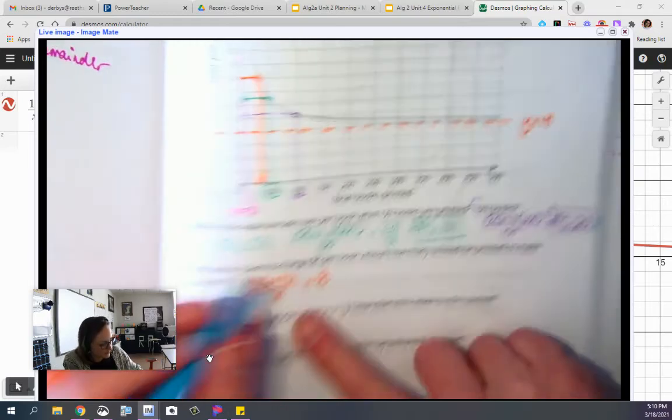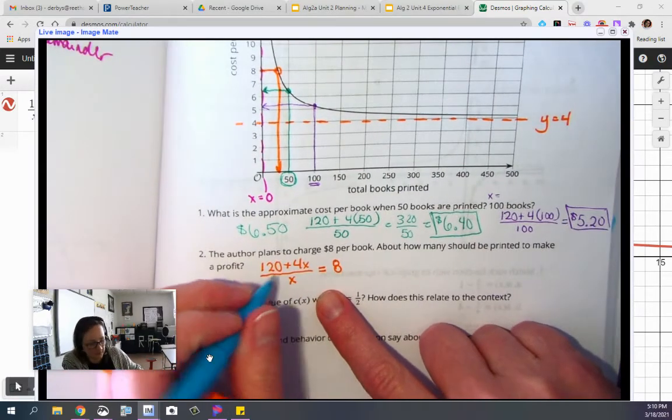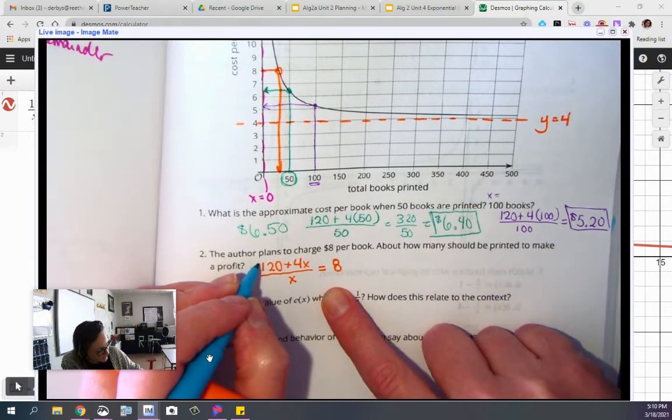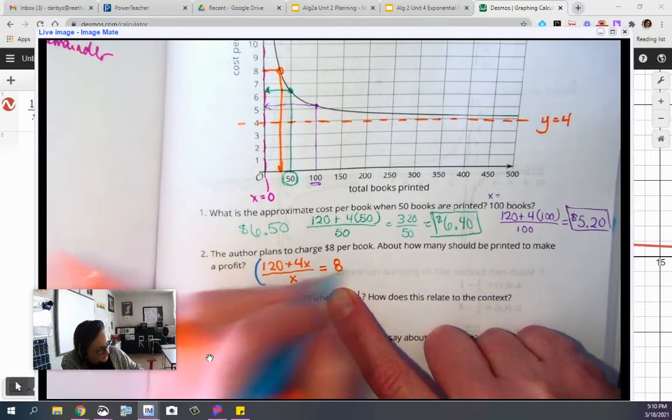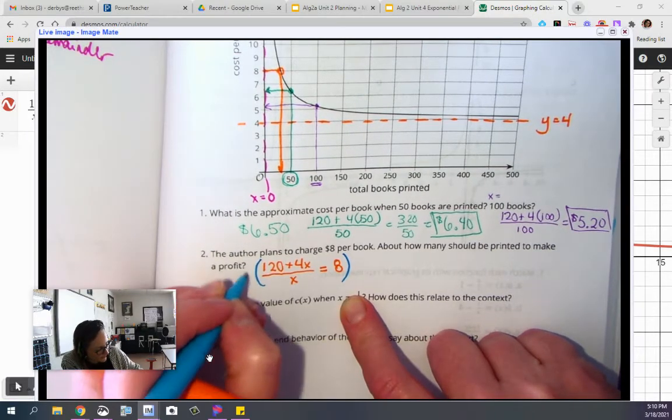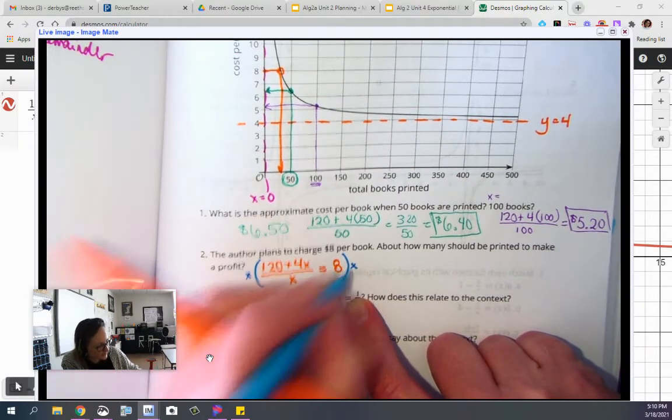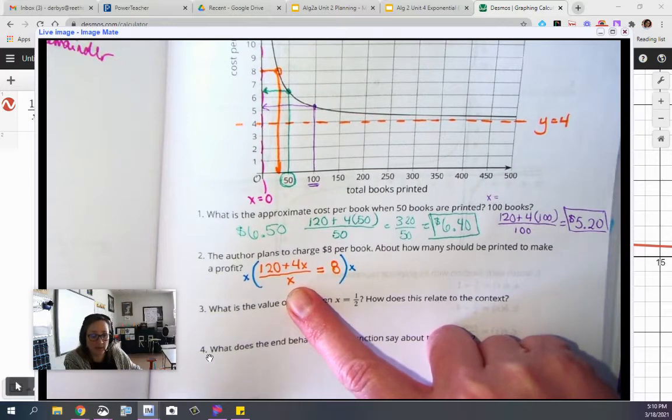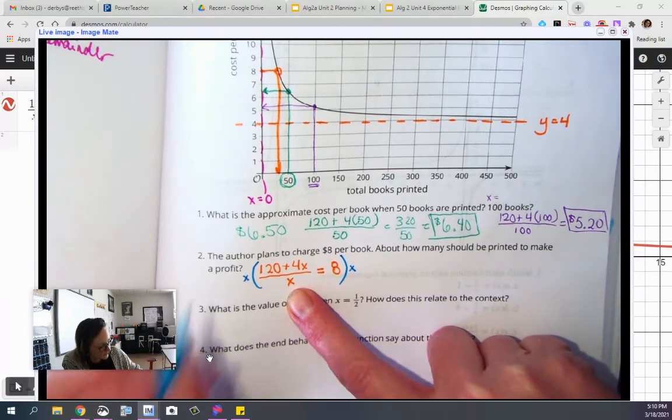Now to solve this, we could do a couple different things. My favorite way to solve these is to multiply both sides by x, by the denominator.